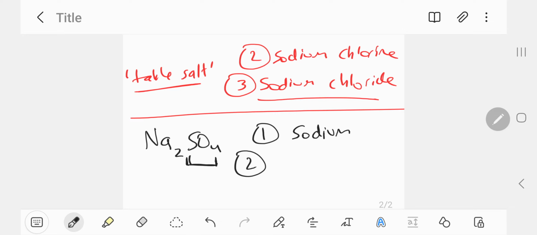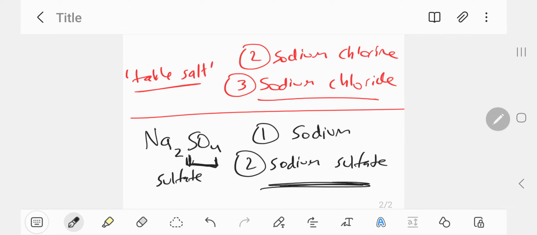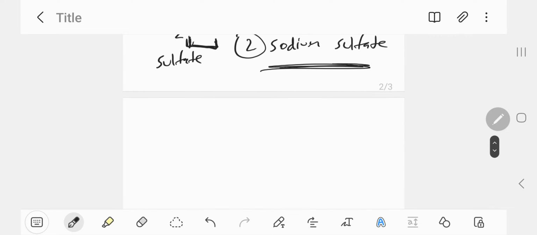You have to recognize that SO4 is a polyatomic ion. The S and the O4 are basically together, and that's called sulfate. So this becomes sodium sulfate. With polyatomic ions, it's just 2 steps, because this is called sulfate and that's it.